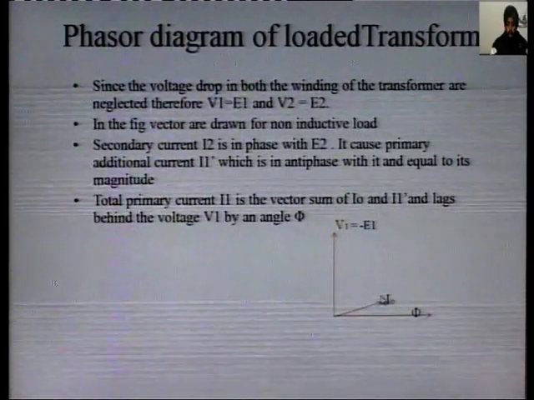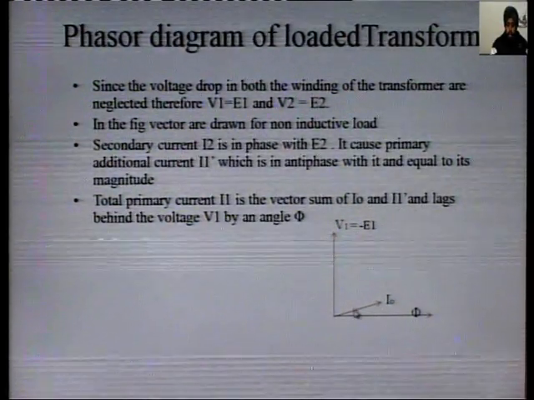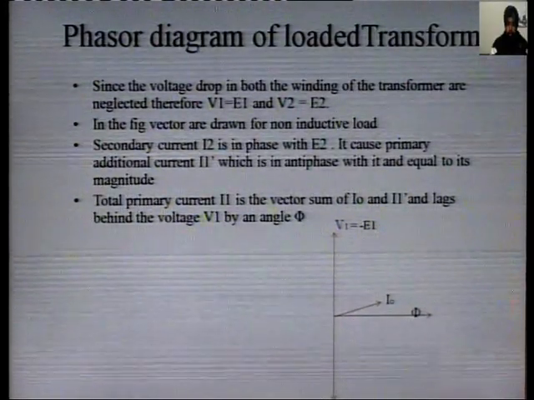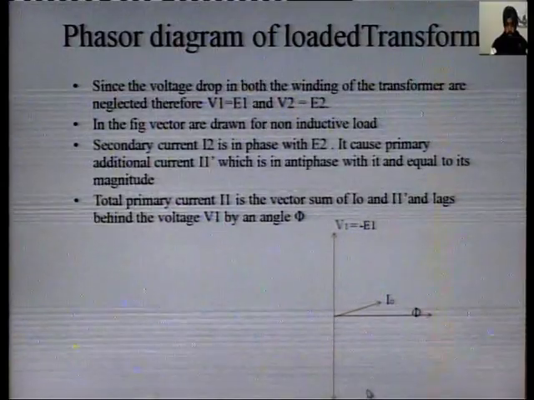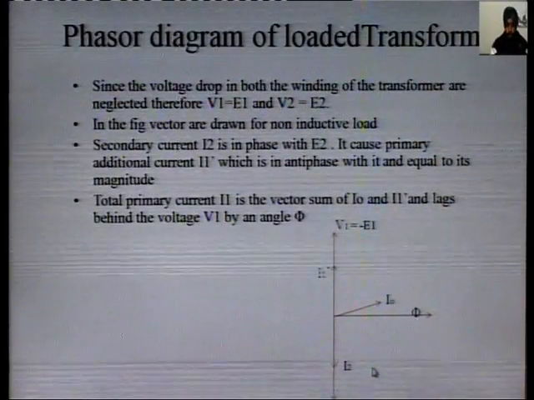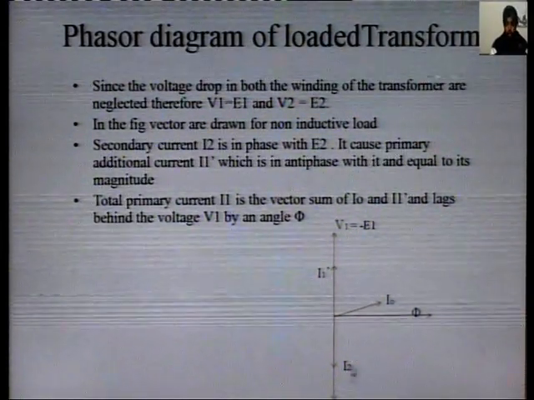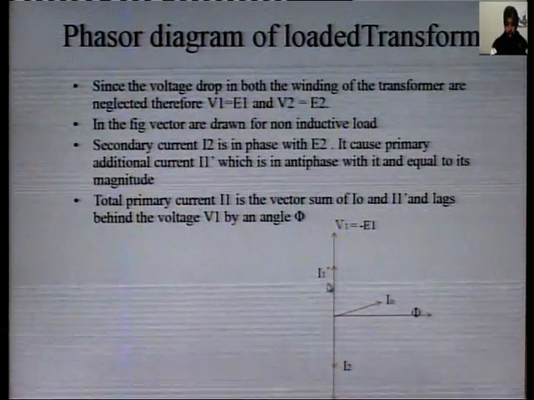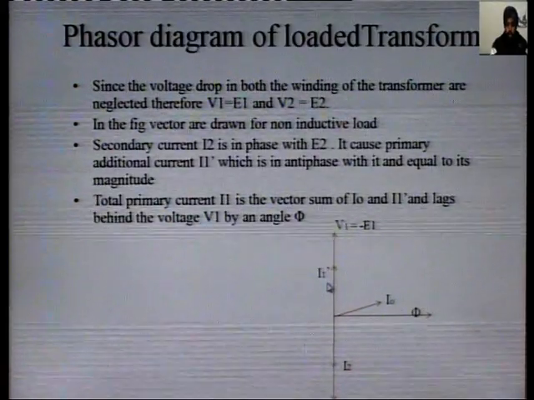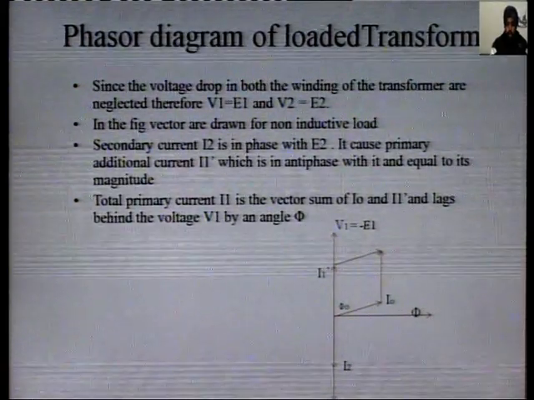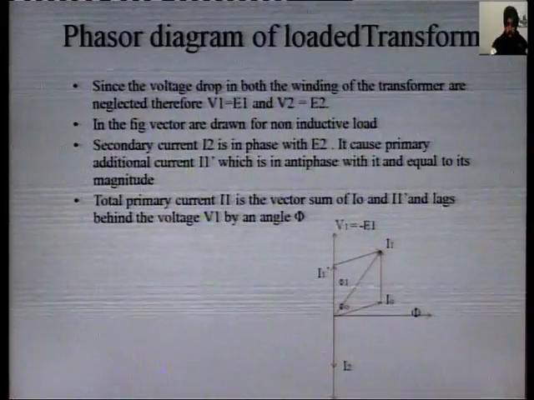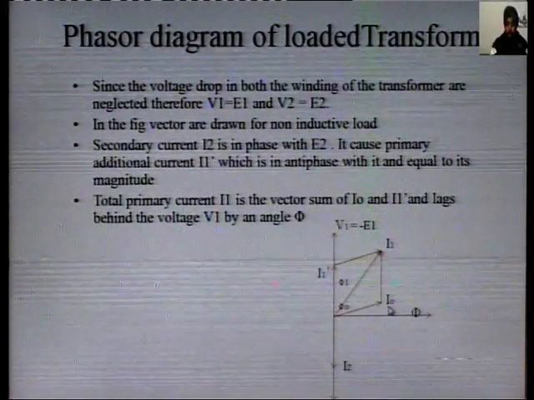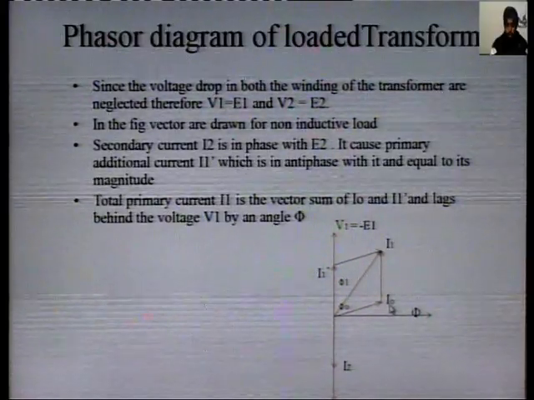Current I0 lags by an angle less than 90 degrees, and the magnitude of E2 equals V2. Current I2 flows in phase with E2, and current I1 dash is in anti-phase with it. If we draw the resultant diagram, then I1 is the vector sum of I0 and I1 dash.